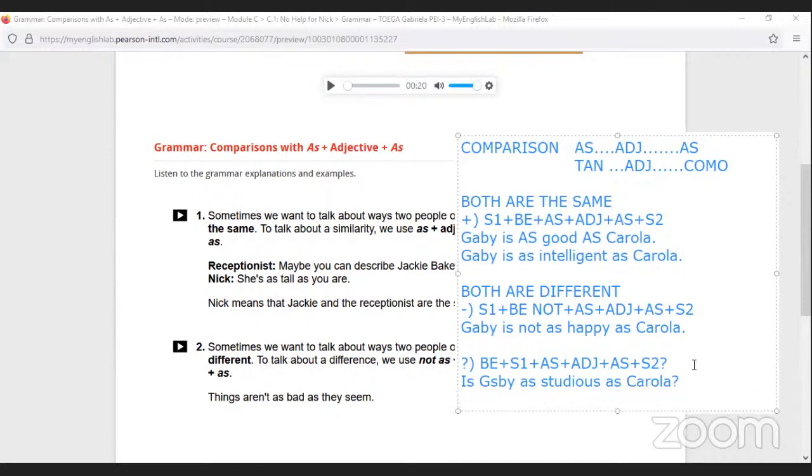So we are making questions here, okay? Is Gabby as studious as Carol?